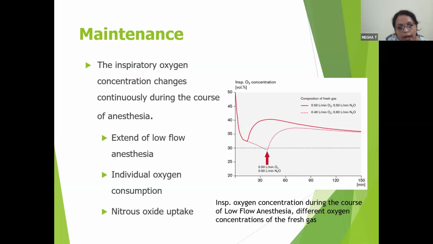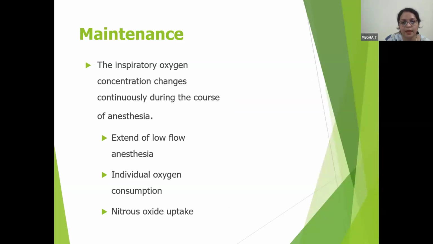Whereas the dotted line shows a composition of 0.4 liters per minute of oxygen and 0.6 liters per minute of nitrous oxide. With time, you can see when you're using 0.4 and 0.6, it can come down to below the minimum FiO2 we want, that is below 30%. If that happens, then you have to increase the oxygen by 10% and come down on nitrous oxide by 10%.